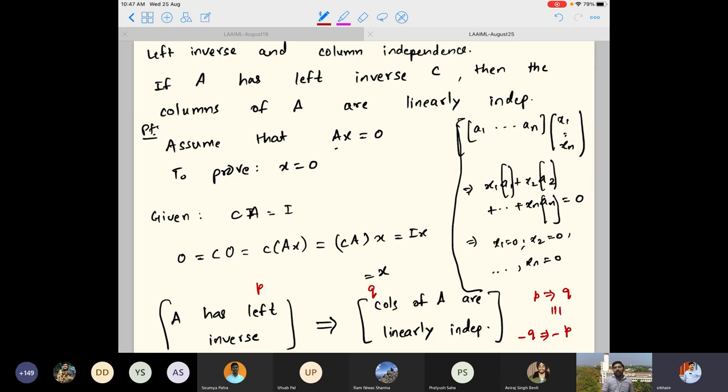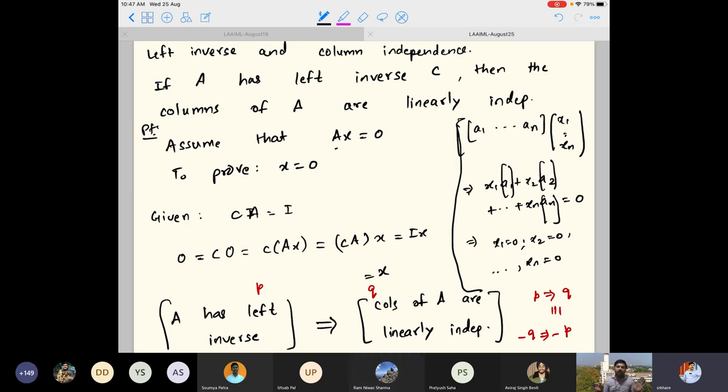So these two statements are the same. P implies Q is the same as saying negation Q implies negation P. So that's why Aviraj is saying if the columns of A are linearly dependent, that means A will not have a left inverse. So what is the most trivial case of columns of A being linearly dependent? What class of matrices?